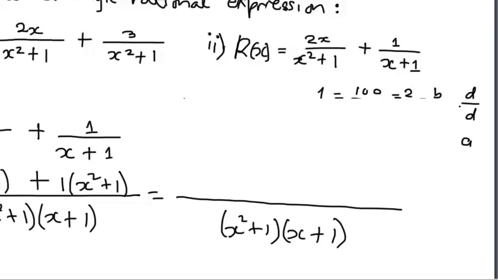Now we note that here we're going to have 2x squared plus 2x, and this side multiplying by 1, we're going to have x squared plus 1. Now we've got 2x squared plus x squared, which will give us 3x squared plus 2x plus 1.